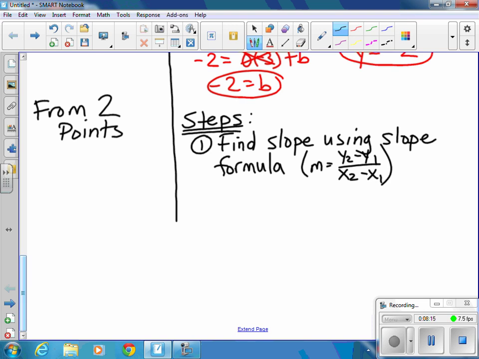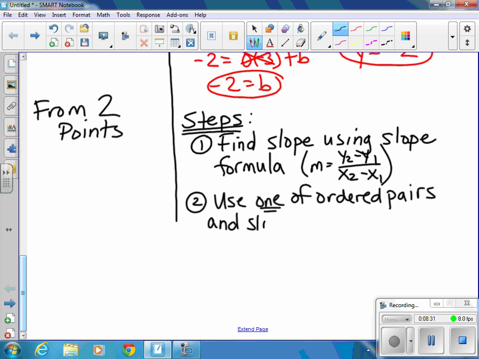After step 1, step 2, you get a little bit of a choice here. You want to use one of the ordered pairs, not both, just one, and your slope from step 1, to find your b.